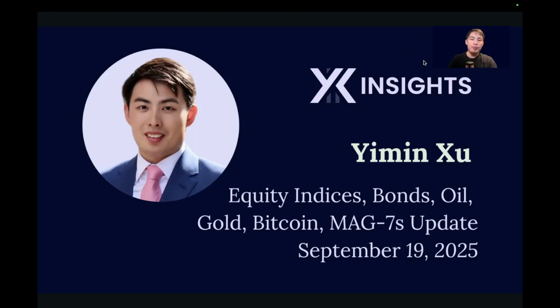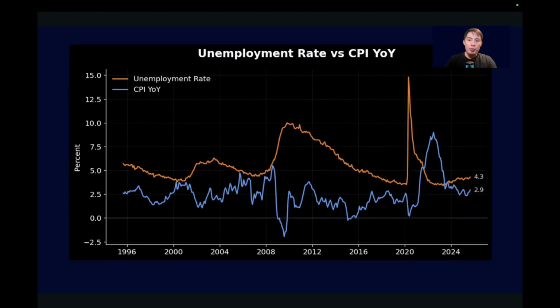So let's begin. Before going into this FOMC, the Fed is primarily concerned by the rise in unemployment rate and a sudden drop in the non-farm payroll numbers in the past 3 to 4 months. So right now we are seeing an unemployment rate of 4.3% against a CPI of 2.9% year on year.